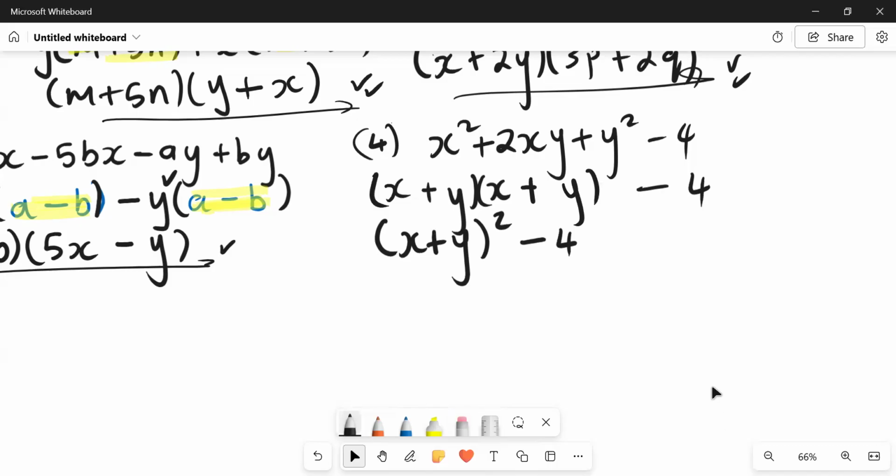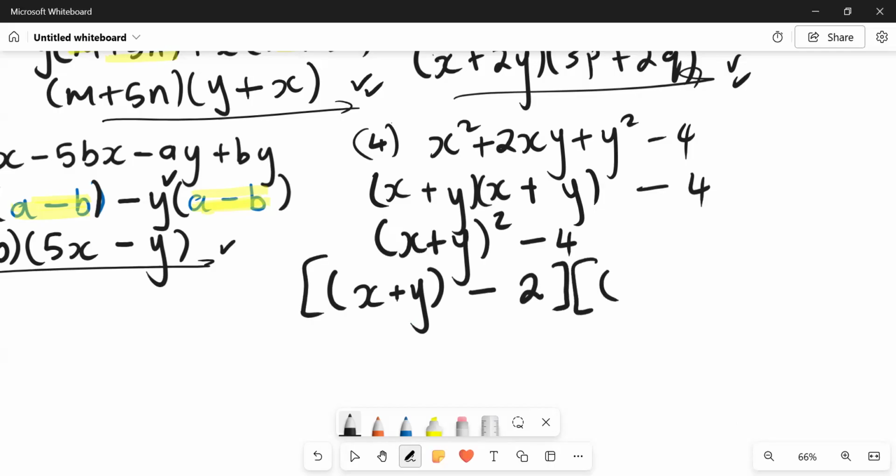From here, we can start factorizing using difference of two squares. You take the square root of x plus y, and then the square root of 4.